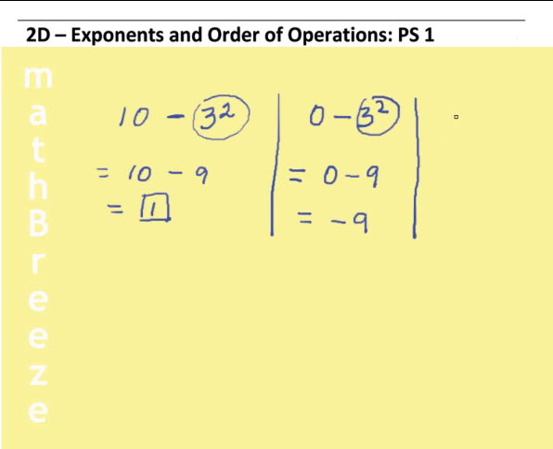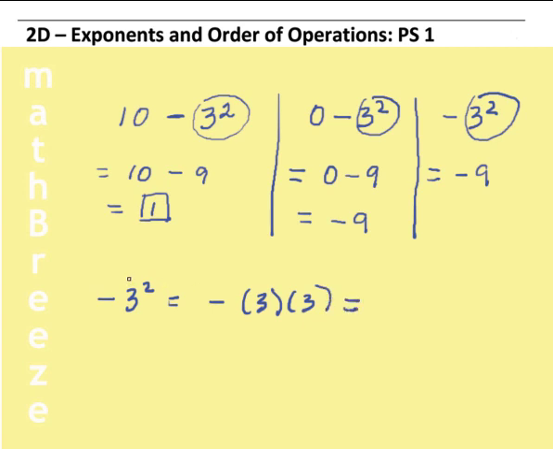Now 0 minus 3 squared, we can write as just minus 3 squared. So we see from the example on the left that we perform the 3 squared first. And so this is equal to minus 9. Another way of looking at this, minus 3 squared, if we were to expand this, is minus 3 times 3.